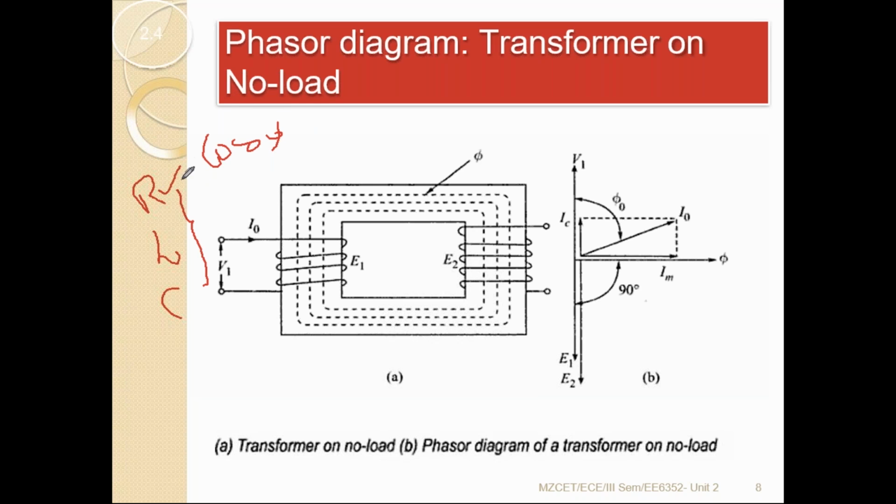If you consider the resistive load, its power factor value is 1. Okay, this is asked a lot in interviews. If you are connecting the resistive load on the secondary, what is its power factor? Its power factor is always 1. Okay, unity power factor it has. Now when you are connecting the inductive load, its power factor is always less than 1. That's why it is having the lagging power factor.